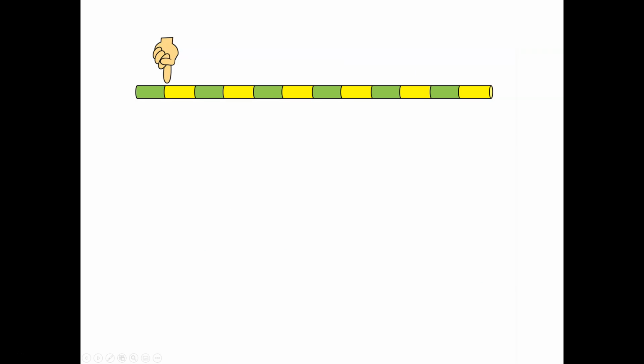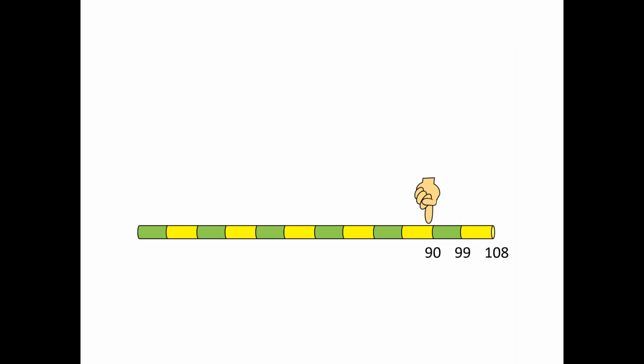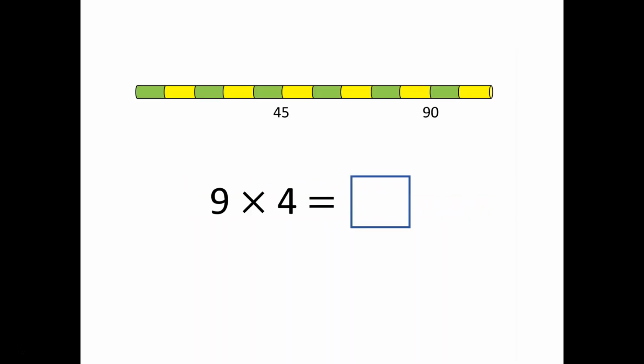Let me show you another way we can work out numbers on the 9 times table. Here we have a counting stick. We can skip count along the stick and down the stick. We already know some of the 9 times table facts really well.